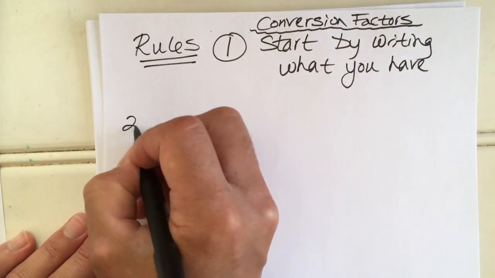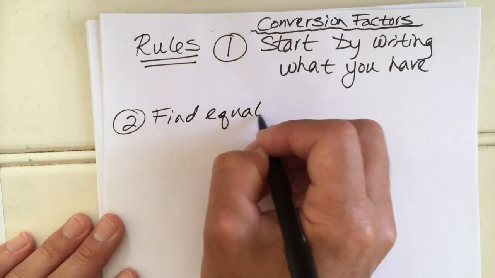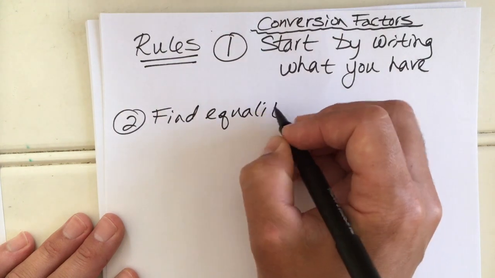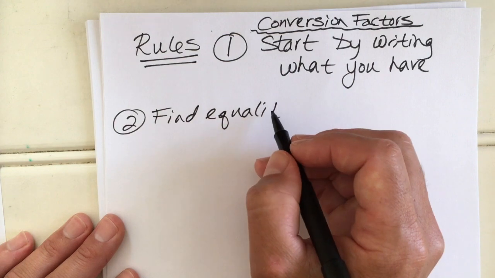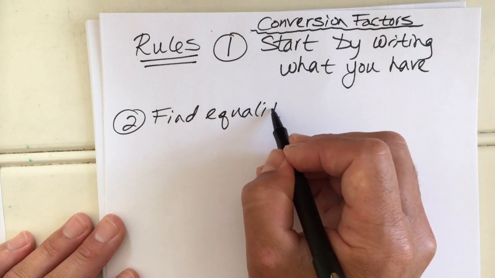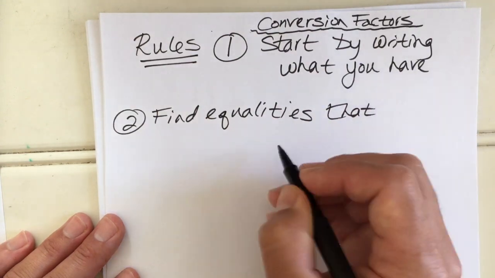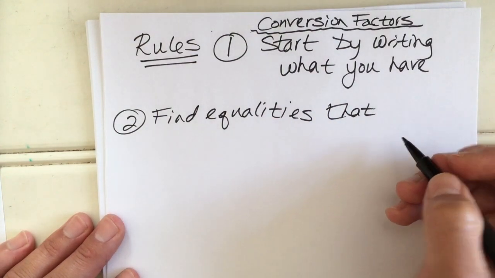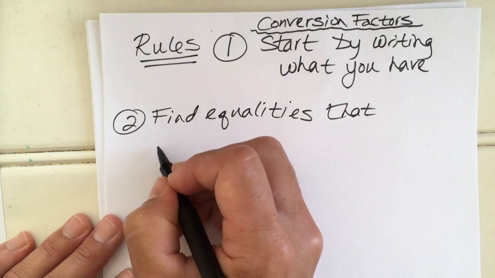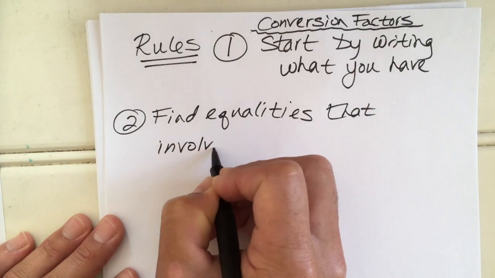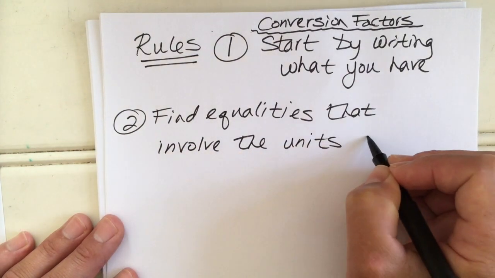So rule 2 would be to find equalities that involve the units given.